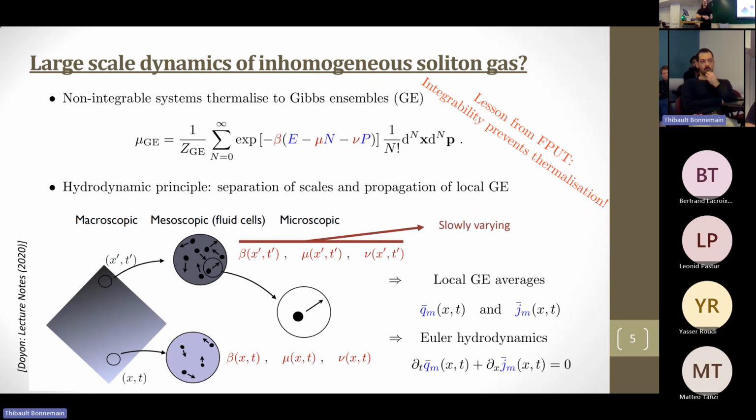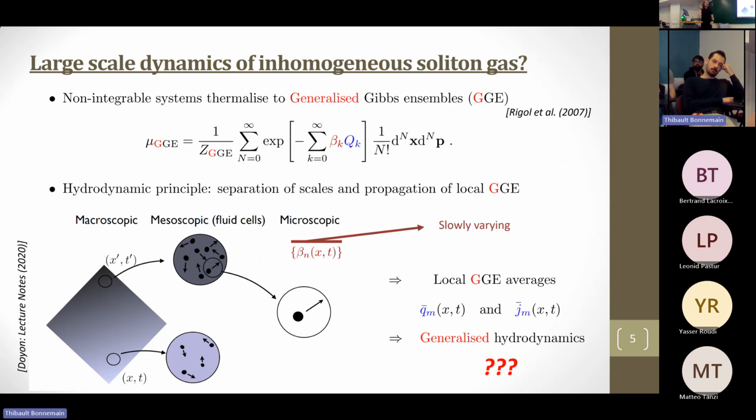Because if you take FPUT and you look at long wave initial conditions, this is extremely well described by KdV. Okay, so how to characterize this stationary state?